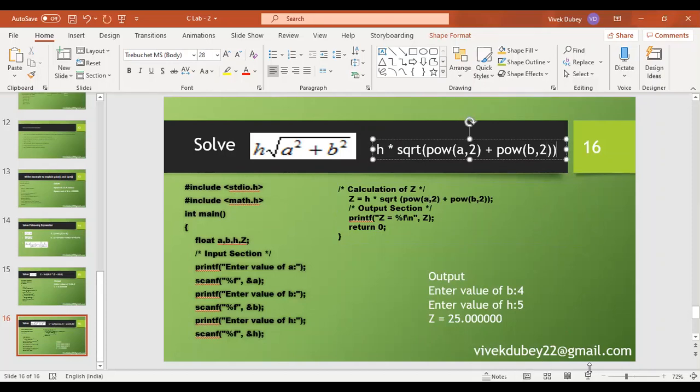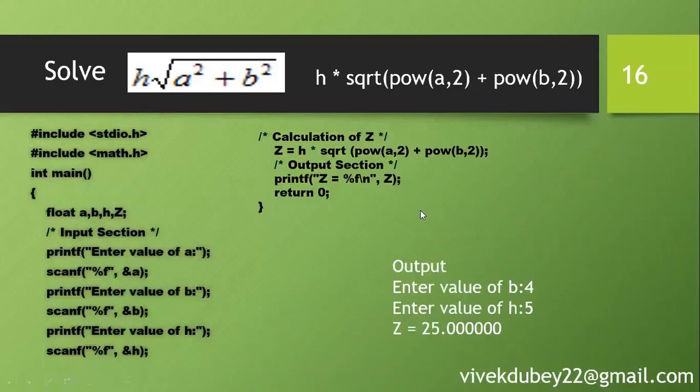Okay. So this is about this type of expression, in which H is unknown, A is unknown, and B is unknown. So let's see in the input section, we are taking them one by one. First A, second B, and third H. Now in the calculation section, we are calculating this expression through Z. In Z, we have the output.